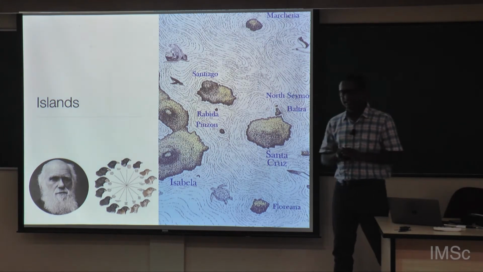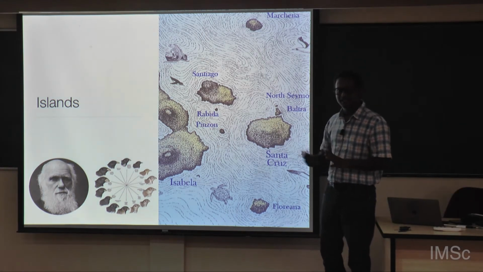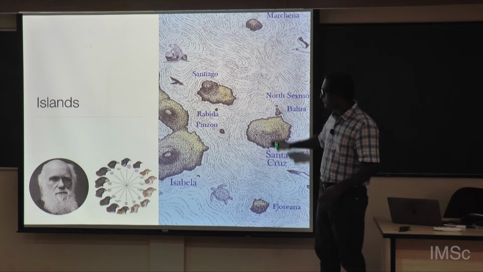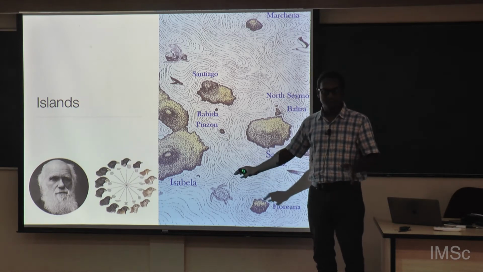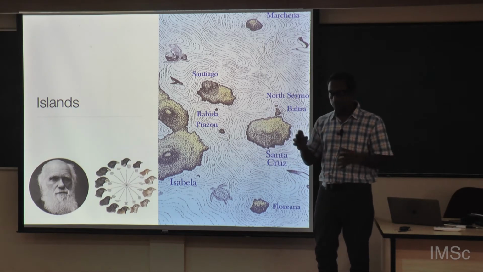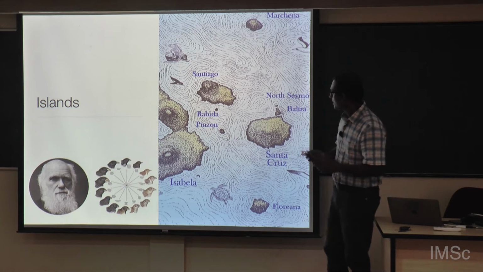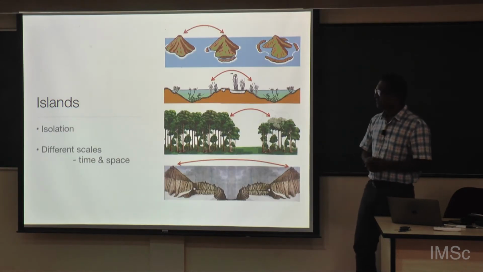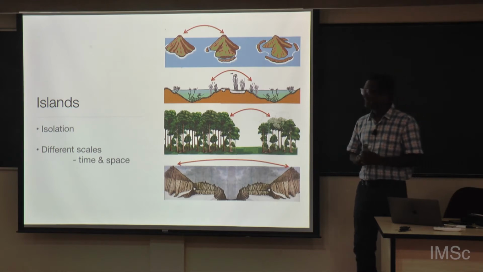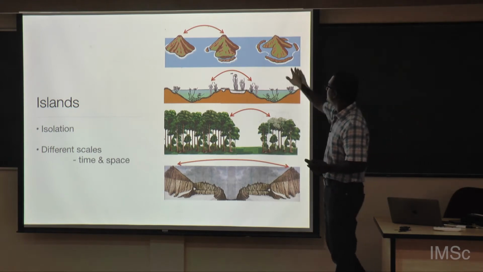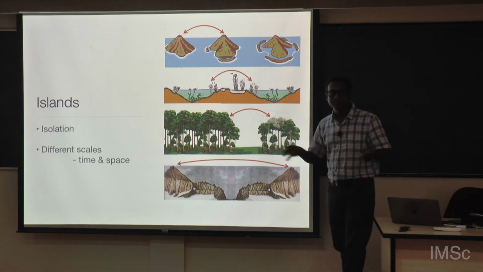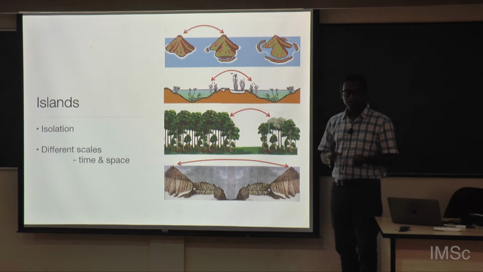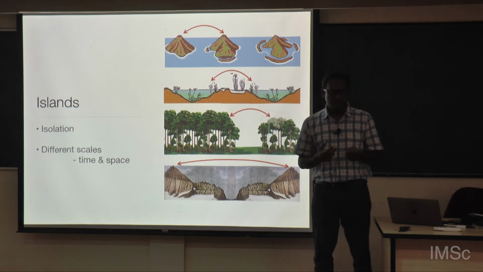The whole idea is, I think you've now been exposed to the concept of islands and Darwin's finches. We've seen quite a few examples of it. The main point is that what happens with these islands is that there is some kind of isolation between them.